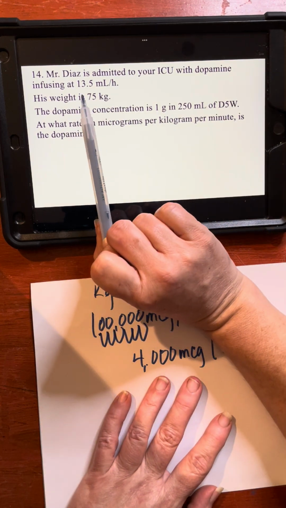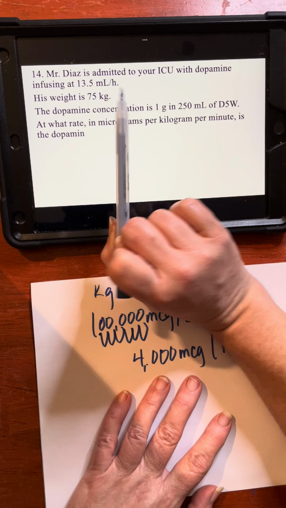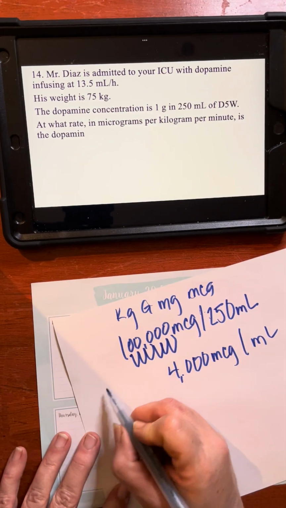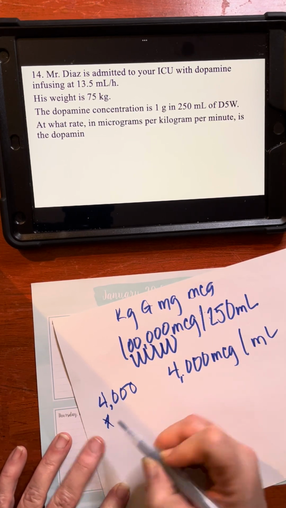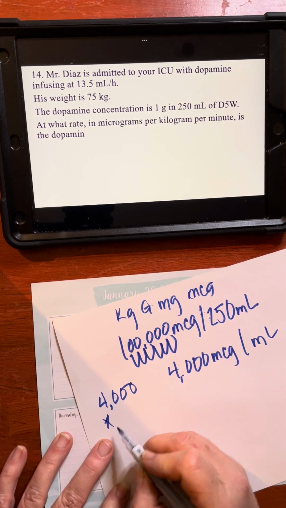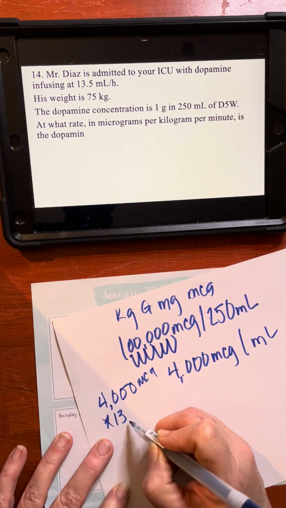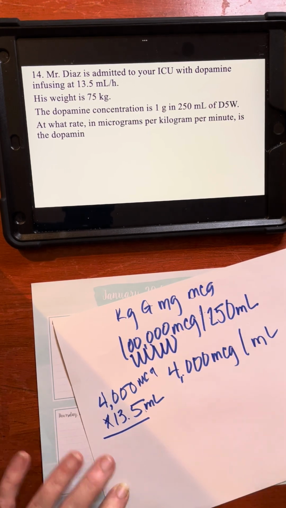And look, the dopamine's going at 13.5 milliliters an hour. And we know there's 4,000 micrograms in 1 milliliter. So we're going to do 4,000 micrograms times 13.5 milliliters.